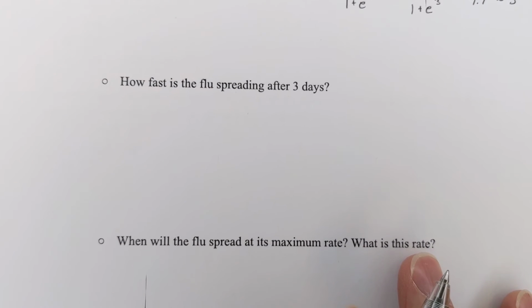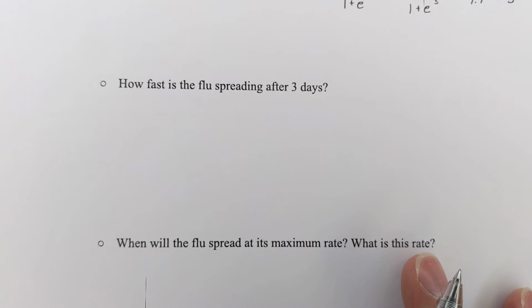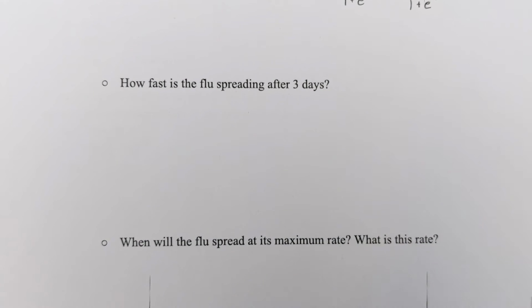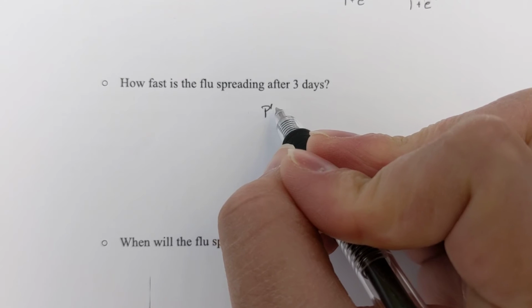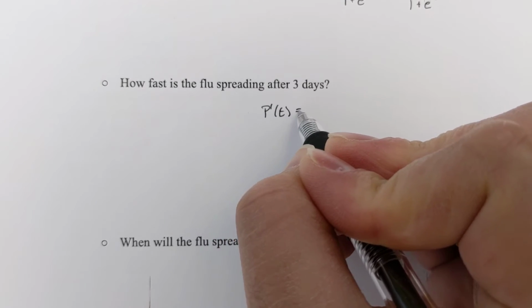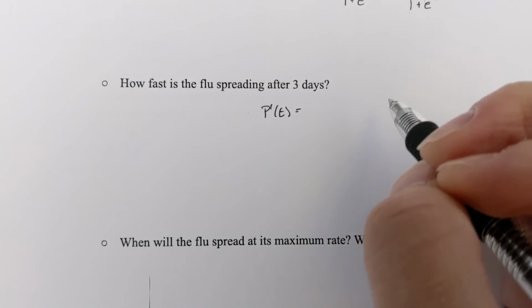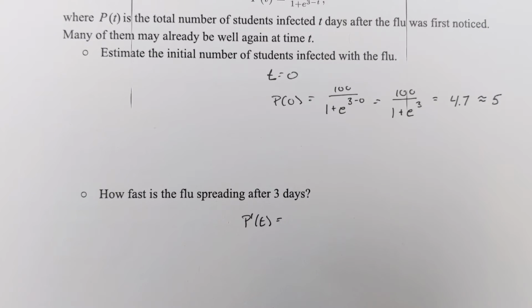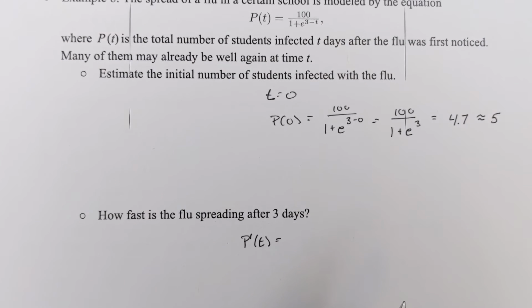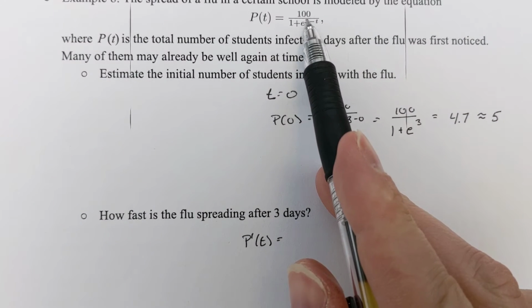How fast is the flu spreading after 3 days? So this is the derivative. We want P prime. So our original expression is a quotient rule.